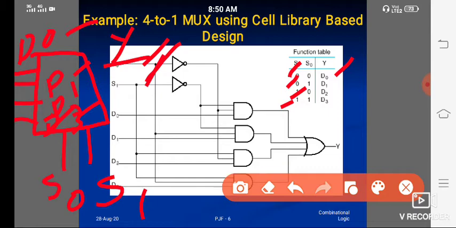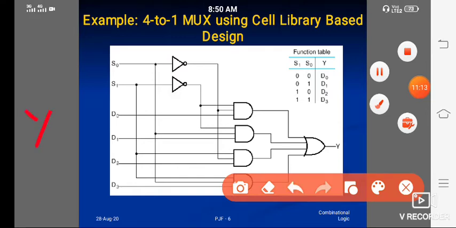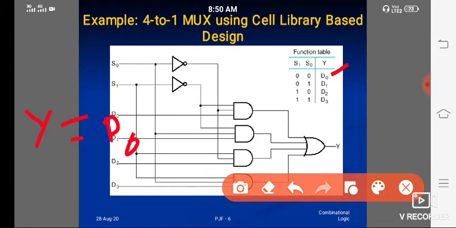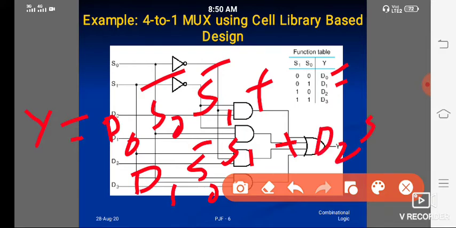After that we write the equation, and based on the equation we design the circuit diagram. There is only a single output. So Y equals D0 with S0 bar, S1 bar, plus D1 with S0 bar, S1, plus D2 with S0, S1 bar, plus D3 with S0, S1.